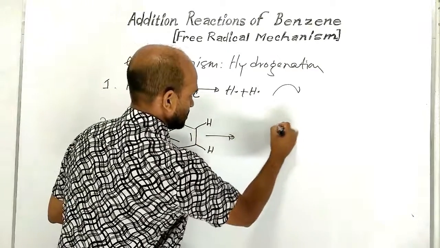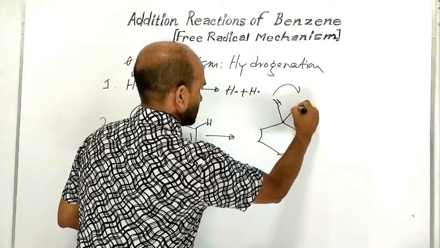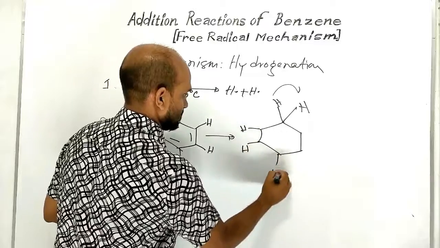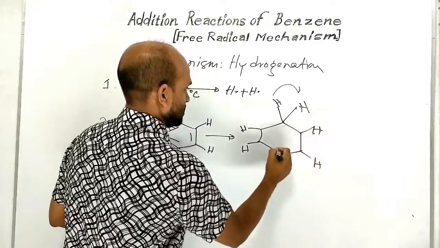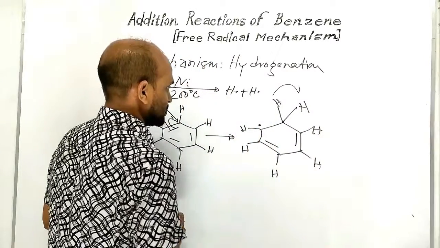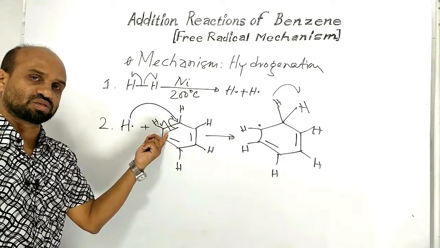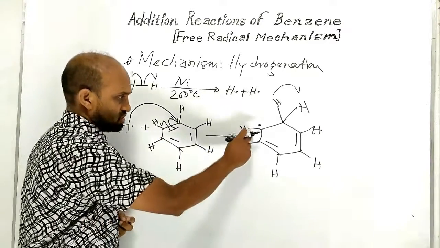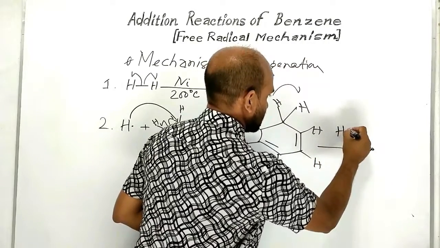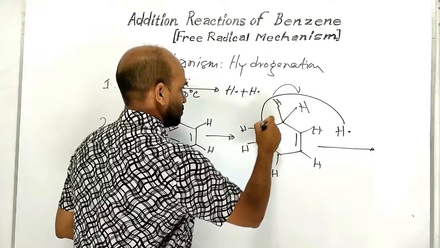Then we get hydrogen, here double bond, here double bond, and this carbon becomes carbon free radical because of one electron of this carbon-carbon double bond. Now this carbon free radical of benzene combines with another hydrogen free radical.